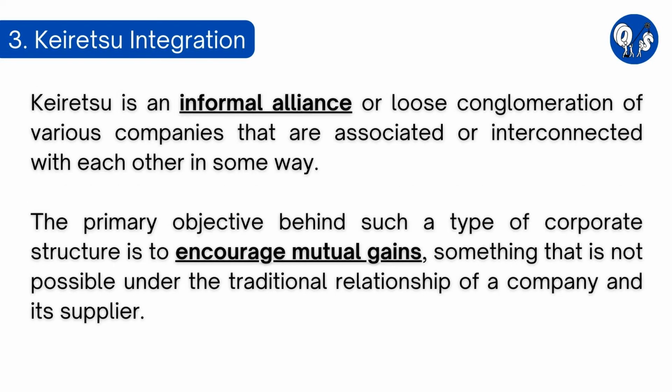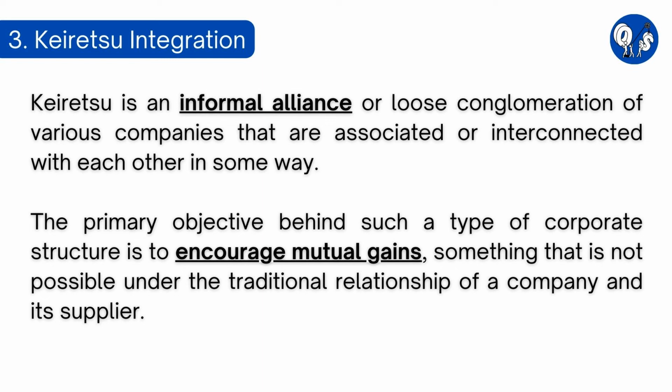Keiretsu is a Japanese term describing a specific type of corporate structure of firms. In this, many companies in the supply chain network or from other sectors are linked to each other in some way or the other. It could be by buying small stakes in each other or association as supplier, seller, etc. Thus, every company has some sort of a close business relationship with another company in the network.